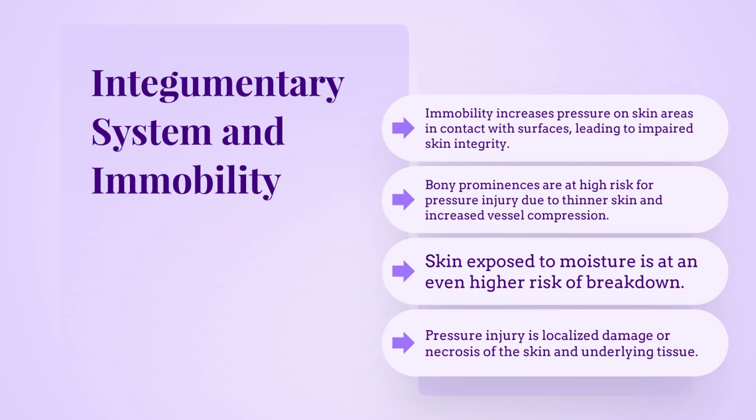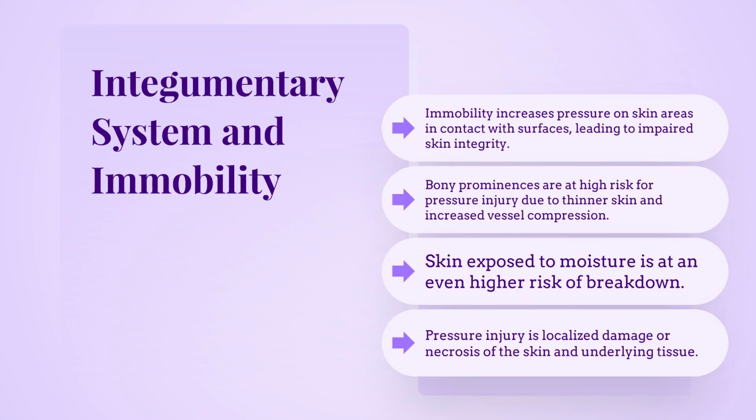Immobility increases the pressure on skin areas that are in contact with surfaces, specifically those bony prominences, the greater trochanters on the sides of each hip, the sacrum, the shoulder blades, the back of the head, the heels. Any skin that's exposed to moisture gets at an even higher risk of breakdown, so we want to keep the skin dry.